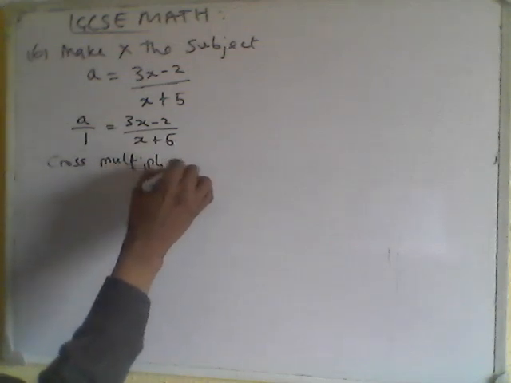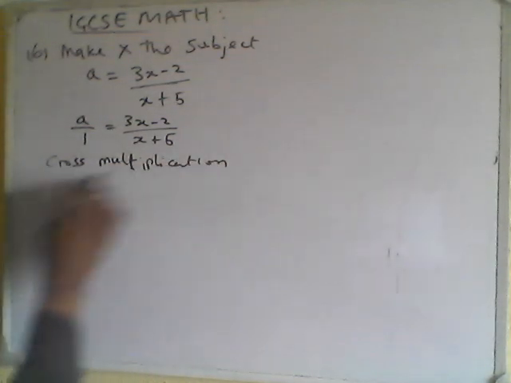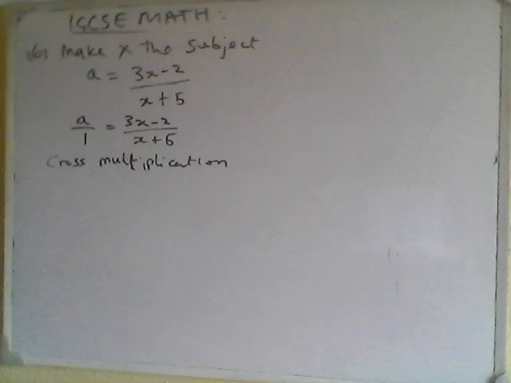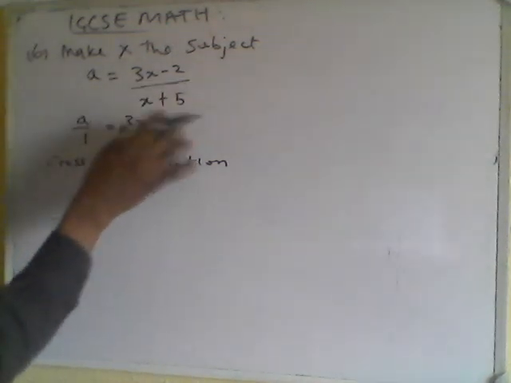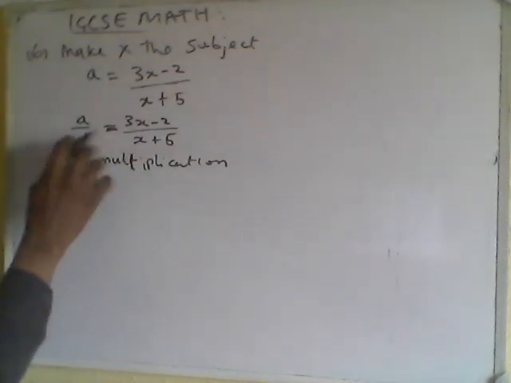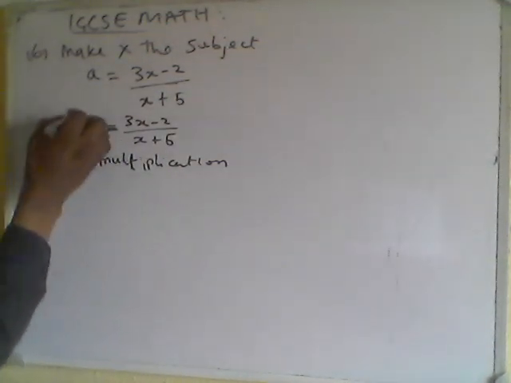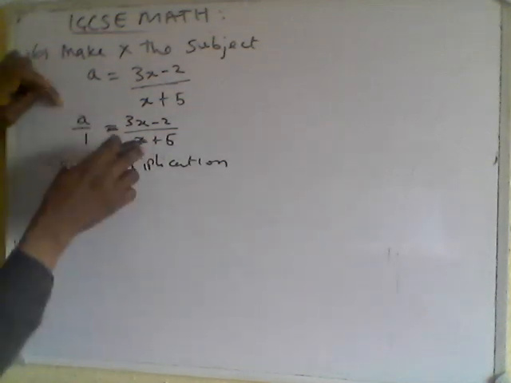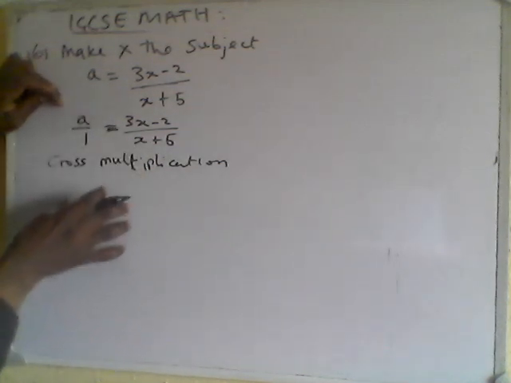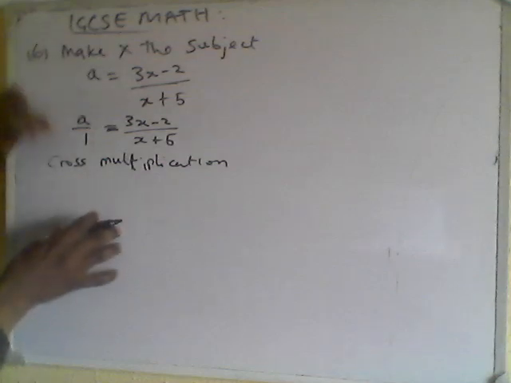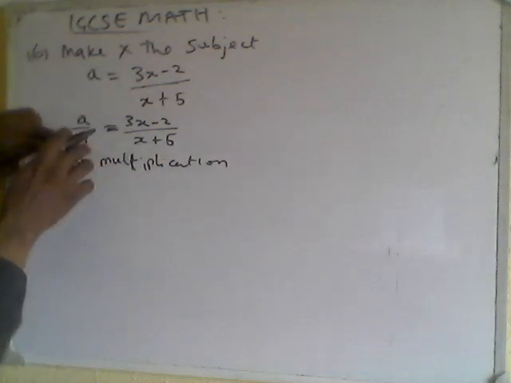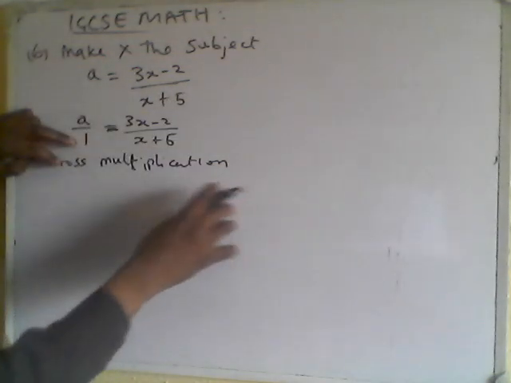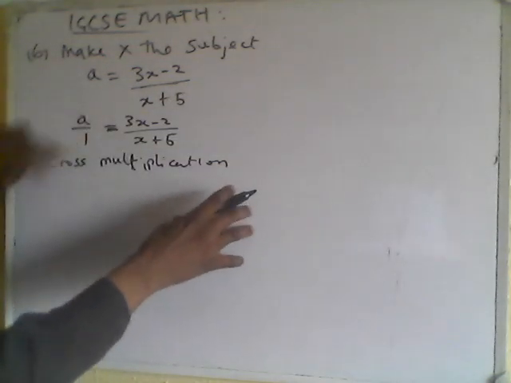If you have two fractions equating each other, what it means is that I will take the numerator of the fraction on the left-hand side and multiply by the denominator of the fraction on the right, and keep it as the new left-hand side, and take the denominator of the left fraction and multiply by the numerator of the right fraction and keep the answer on the right-hand side.